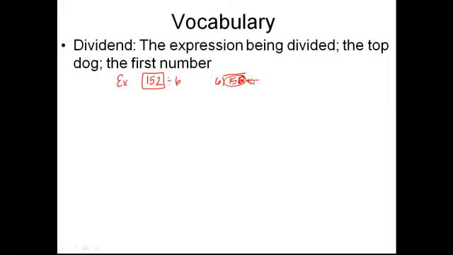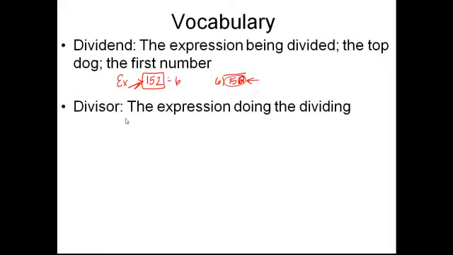It's the one being divided. We also have what we call a divisor. It's the expression doing the dividing. So this would be the divisor, that 6. It's doing the dividing. But what I want you to be aware of is we're going to have problems like this now, where we have a squared minus 3a plus 2 divided by a minus 1.